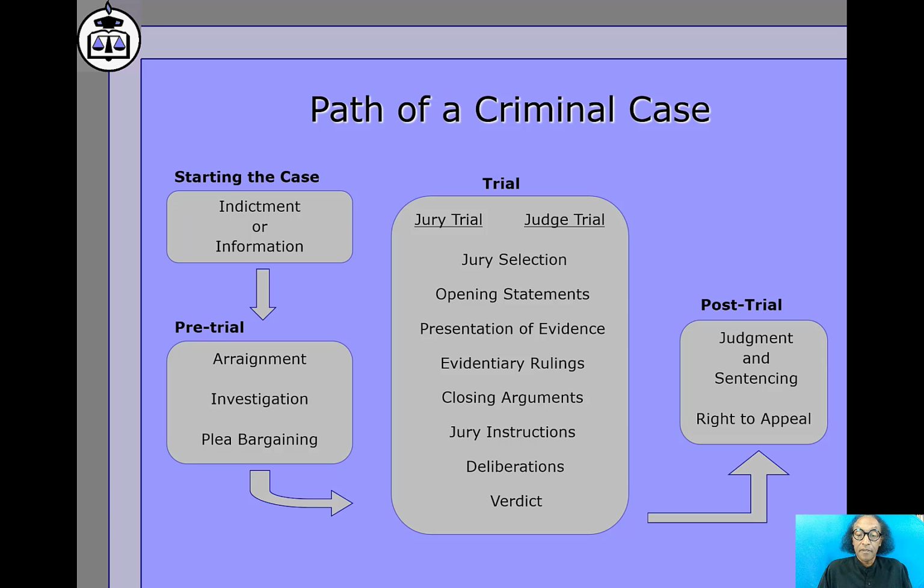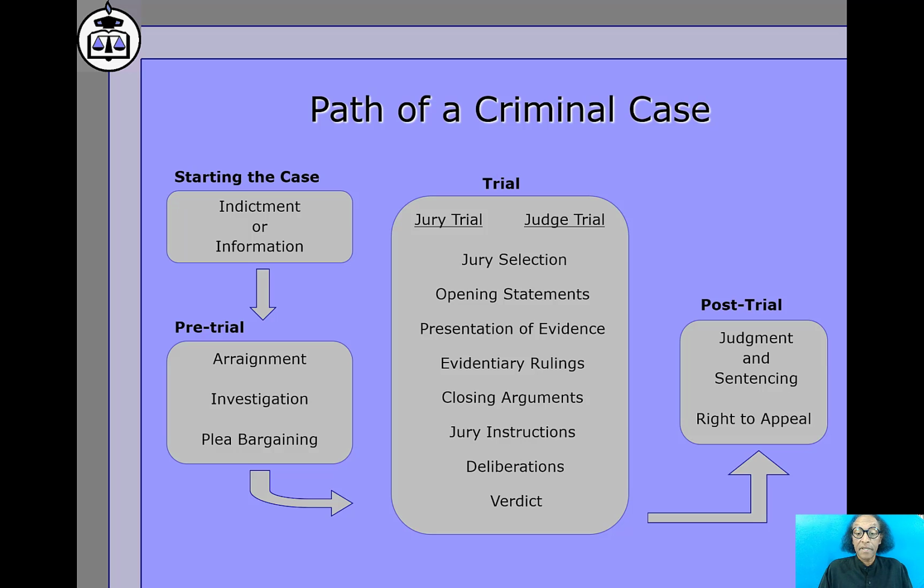And in the process, evidentiary rulings will be made on whether some evidence can be admitted or not. That will be done outside the presence of the jury. At the end, closing arguments are made by both sides, and the judge will give jury instructions, basically instructing the jurors on how to decide the case, how to consider the facts, and what standard of evidence to use.